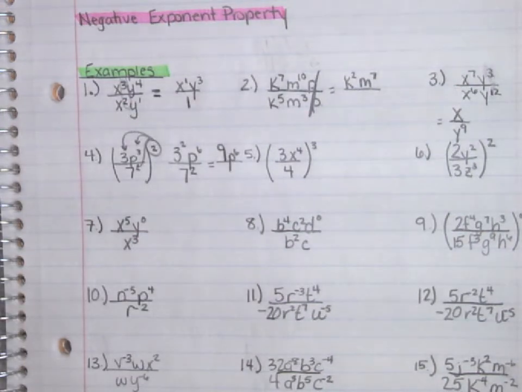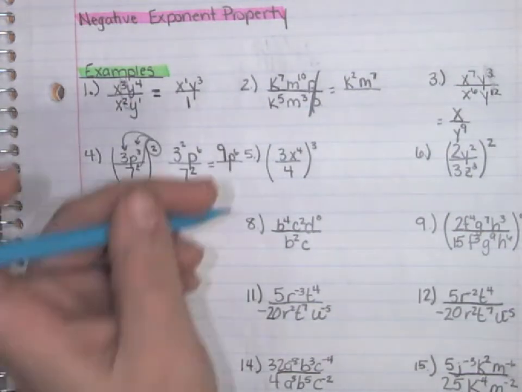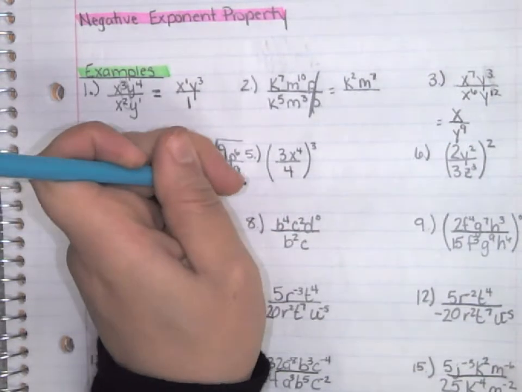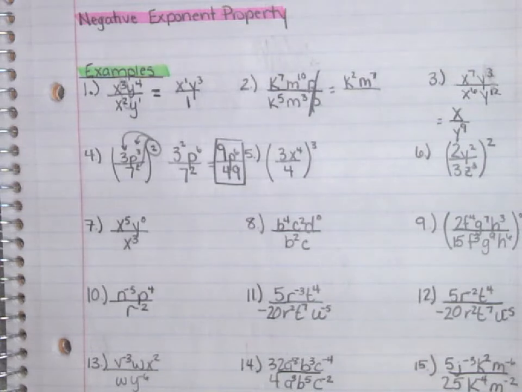And what's 7 squared? 49. So this right here would actually be our final answer. Now, if it could simplify, we would simplify it, but 9 over 49 cannot be simplified. The reason we know that is because the original 2 numbers, 3 and 7, have nothing in common, which means when we make them bigger, they still have nothing in common.